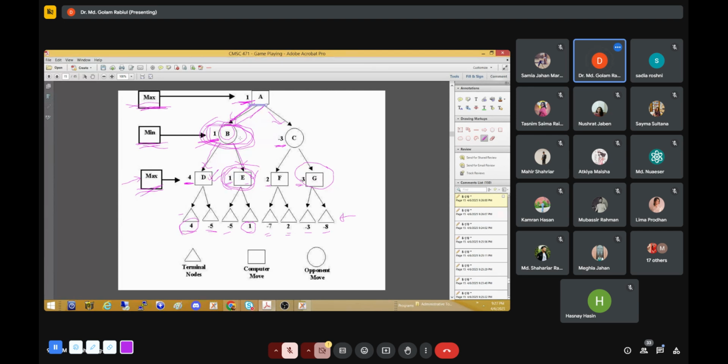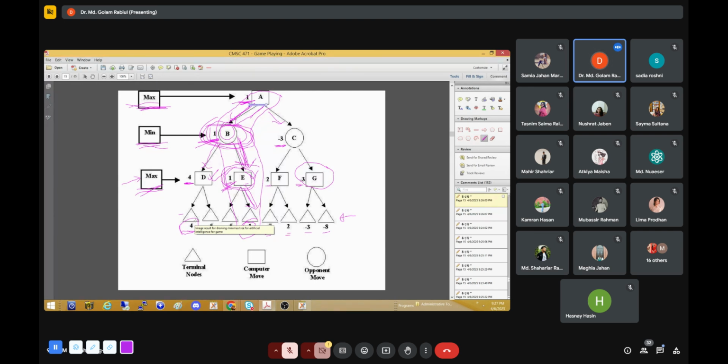So that means this is the path for that. And then this one is taken from this node. Okay. So that means the next play is this. So this will be the search path for that. Okay. So this is the minimax procedure to find out the search path.